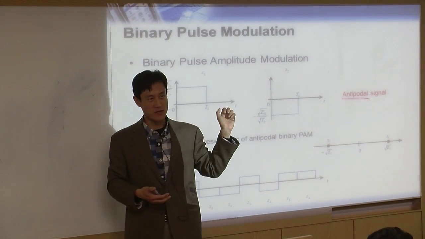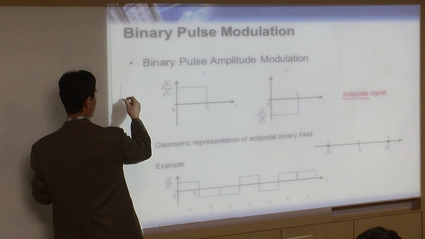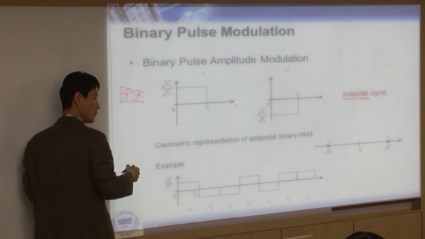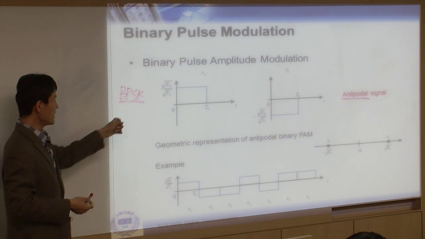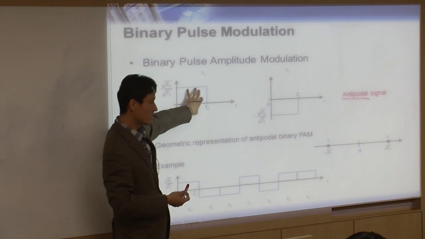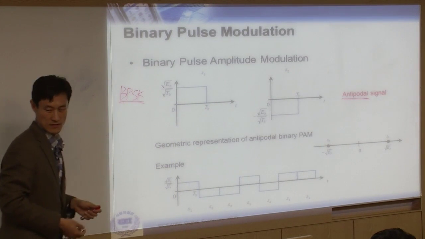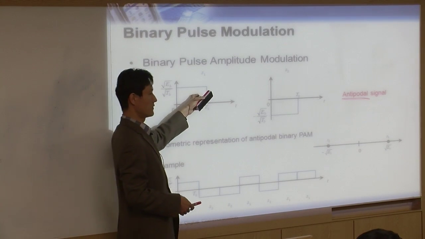This is very common. Later, we're going to learn binary PSK. We'll look at that probably next week or so. BPSK modulation looks exactly like this. One symbol has a positive value.